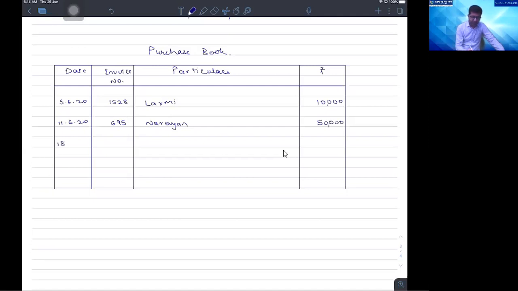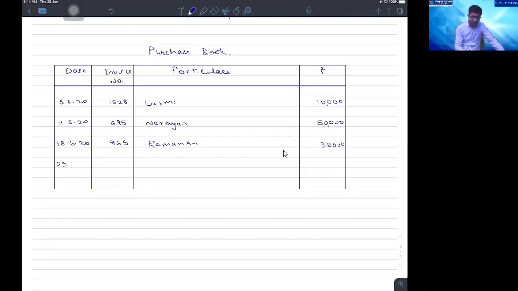On 18th June 2020, we purchased the goods against invoice number 965 from Ramanan of say rupees 30,000, 32,000.